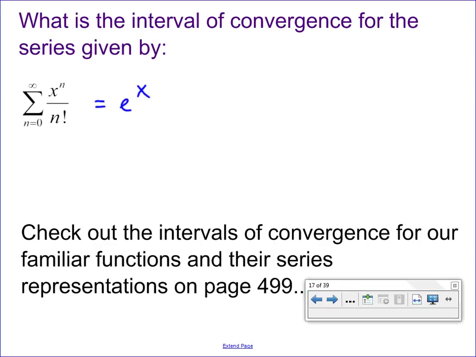In fact, if I were to expand this, I would get 0 in for n, gives me 1 over 0 factorial, which is still 1, so I get 1 plus, increment my counter by 1, x to the first over 1 factorial is x, plus x squared over 2 factorial, plus and in its infinite form, the series is equal to e to the x.